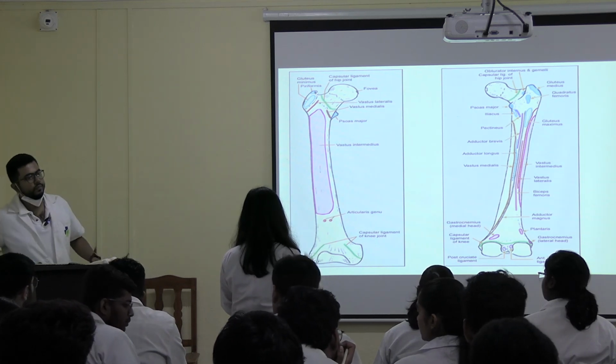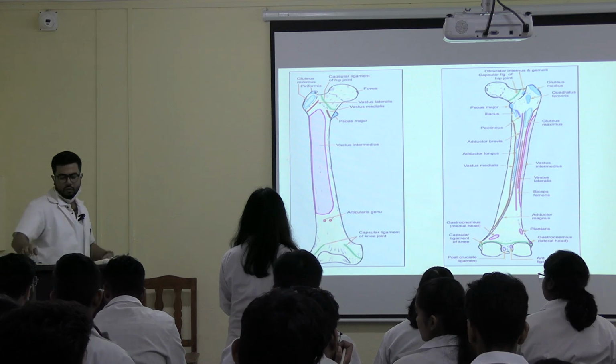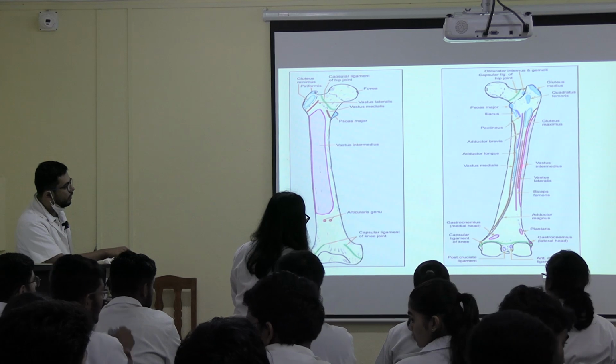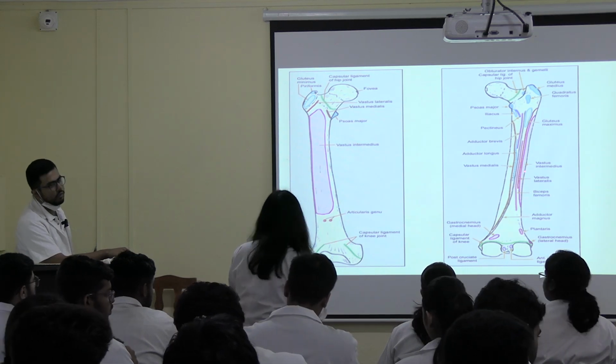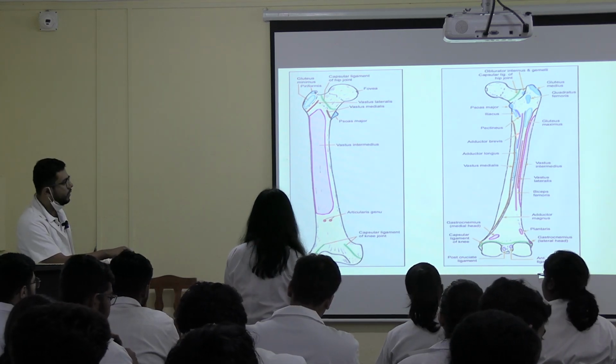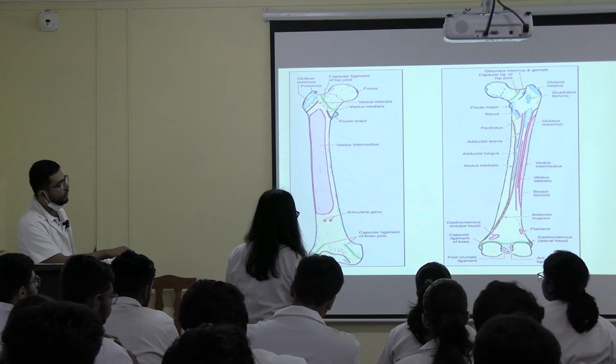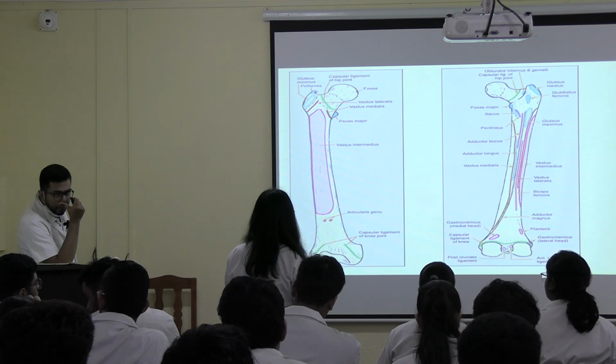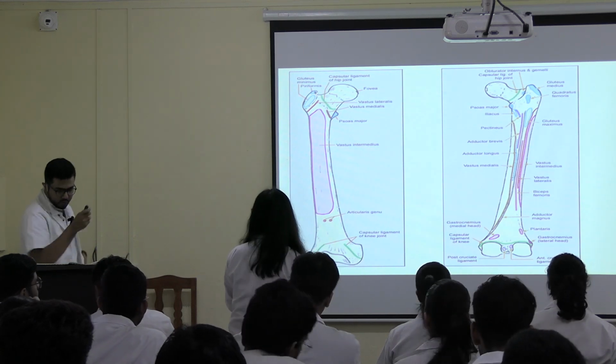This is the supracondylar part, this part is linea aspera, and in aspect of gluteal tuberosity, is this medial or lateral? Medial. Sit down.